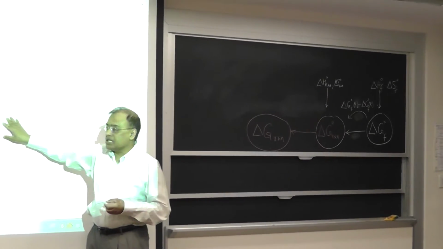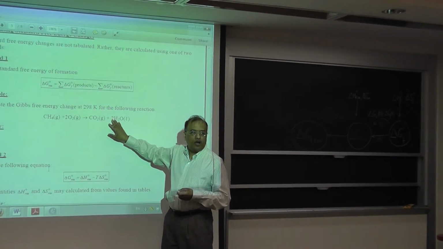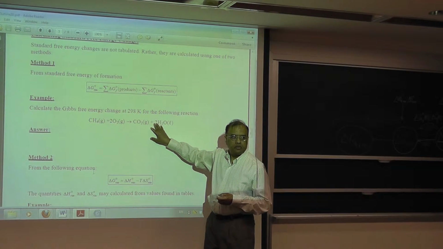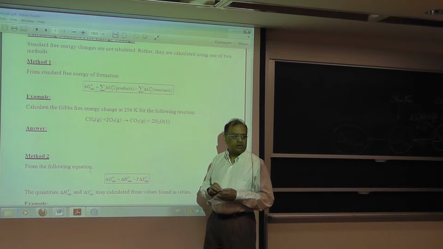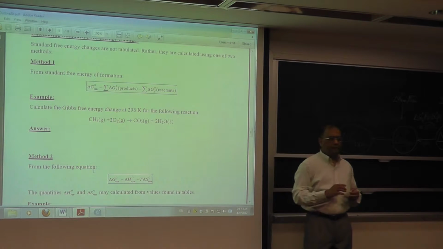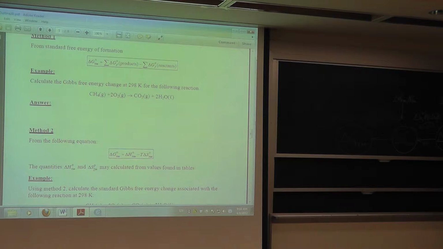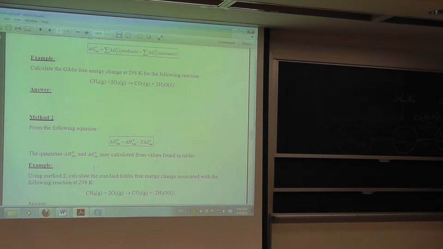The first table has the Gibbs free energy of formation of all the substances in this reaction. There's a table right here. And then you just add the products and subtract the reactants.